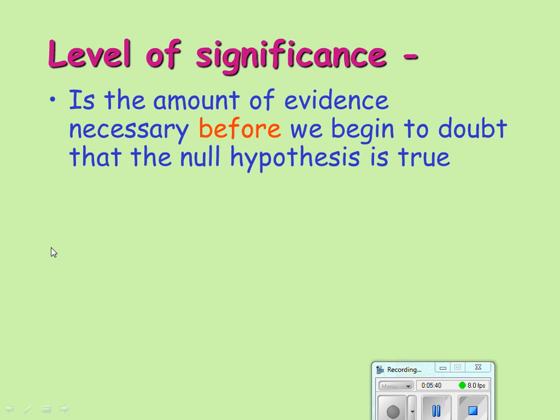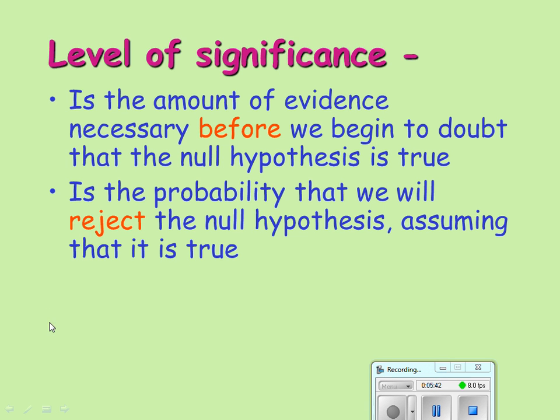So the level of significance is important. It's the amount of evidence necessary before we begin to doubt that the null hypothesis is true.